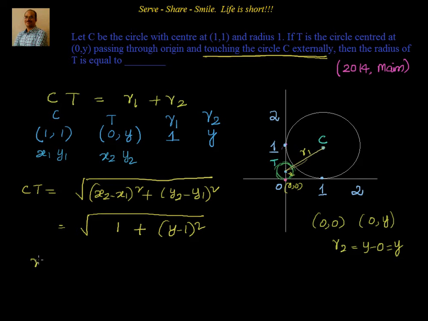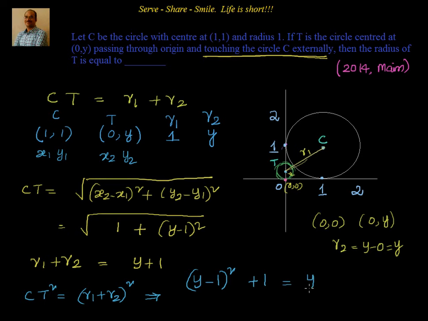Now this is equal to R1 plus R2. R1 plus R2 is equal to y plus 1. Now we know that CT is equal to R1 plus R2. So we will square it on both sides and we'll write CT square equal to (R1 plus R2) whole square. The idea is to take out that square root, so we will have (y minus 1) whole square plus 1 is equal to (y plus 1) whole square.